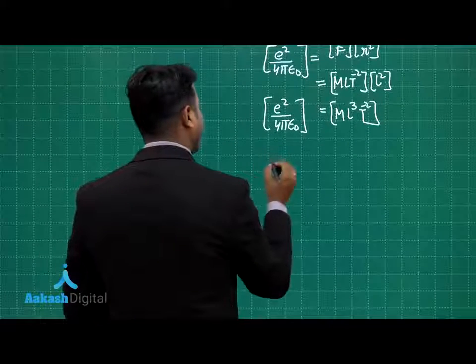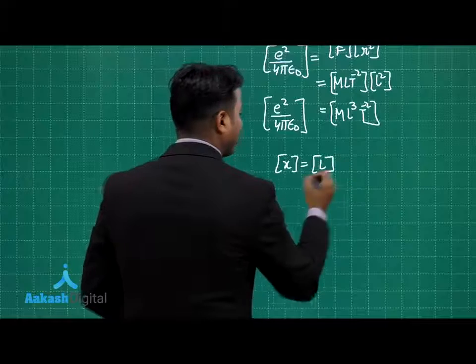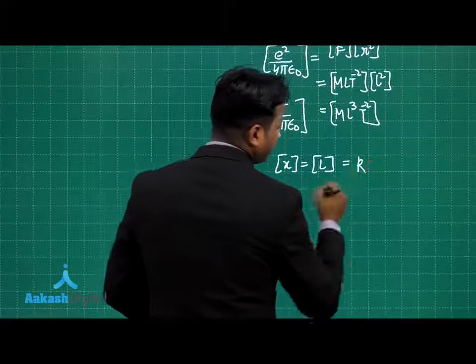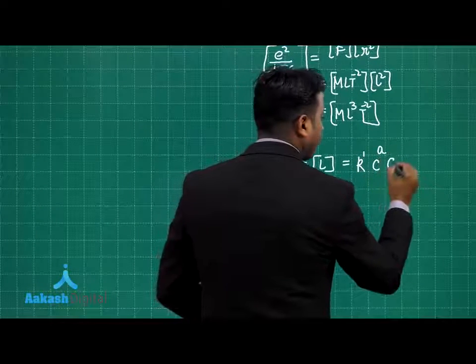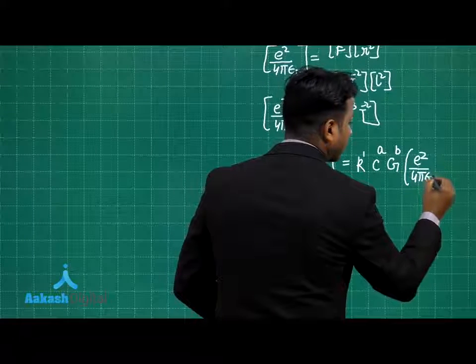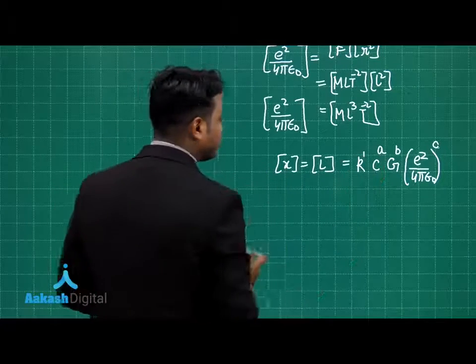Let's suppose we have a quantity x that has a dimension of length, and that is equal to some constant k dash, then c to the power a, capital G to the power b, and e square by 4 pi epsilon naught to the power c. Now I can express it in the dimension format.